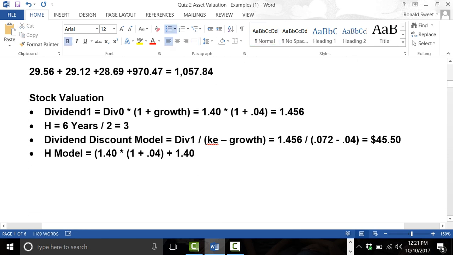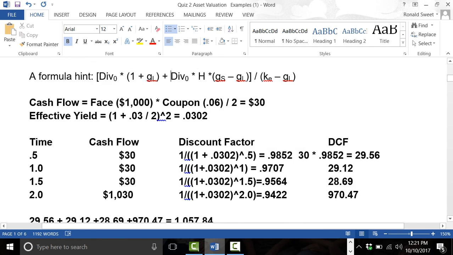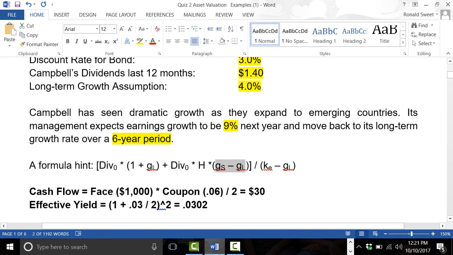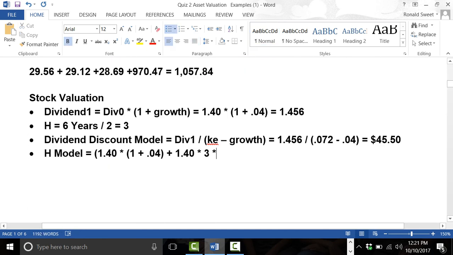So we're going to take $1.40 times 3, which is our H. If you look back at the formula, $1.40 times H, and we multiply that by the difference between the short-term growth rate and the long-term growth rate. Short-term growth rate was given at 9%. Long-term is 4%, so we'll multiply that by, and make sure you get your parentheses correctly, 0.09 minus 0.04.